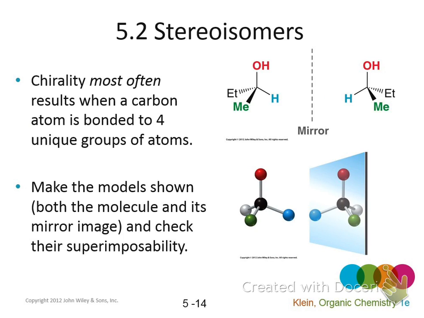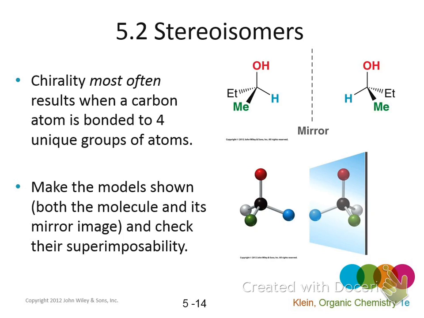So we most often see chirality in molecules where an atom has four different groups bonded to it. Okay? We most often see chirality when you have an atom in a molecule with four groups bonded to it.